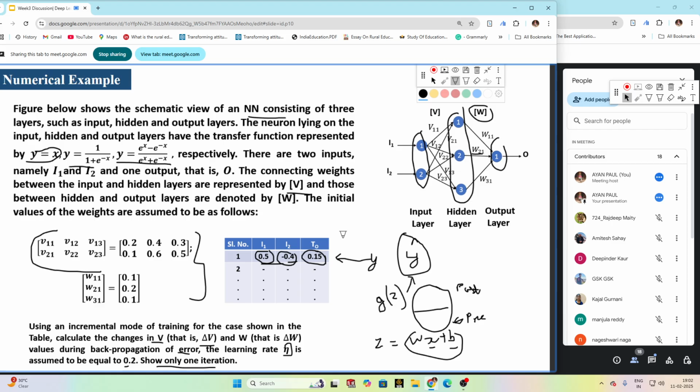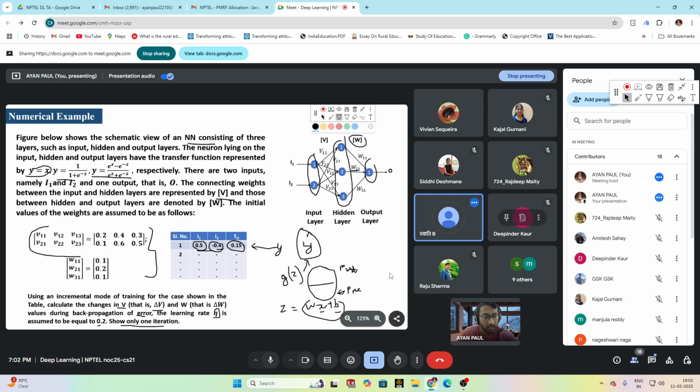One more thing. When we take a derivative, we take it to understand what the loss value is, right? Gradient descent, you know gradient descent: theta t plus 1 equals theta t minus eta del theta, right?